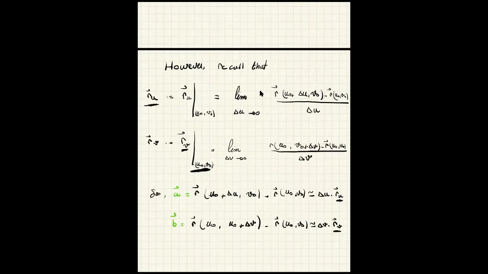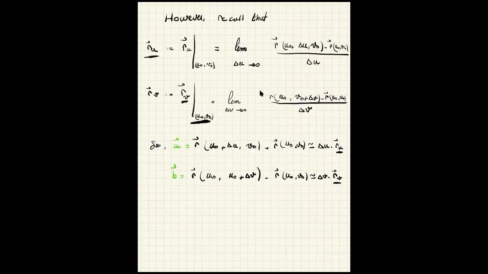Right? So the area of the rectangle R is approximately given by the norm of the vector A times B, which is the norm of the vector delta U r_U cross delta V r_V.